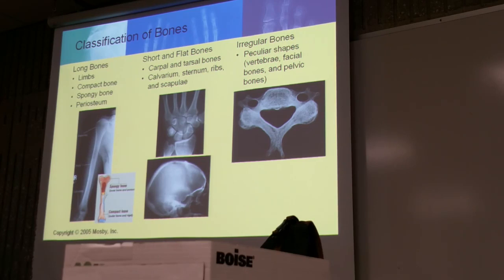When we're talking about skull, it's usually the skull cap and the facial bones. They're usually all included. So calvarium, we're talking about your skull cap, then your sternum, and then your ribs, and then scapula. That's your shoulder blade, right?